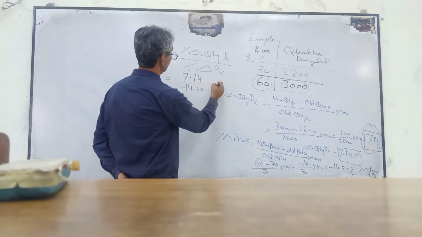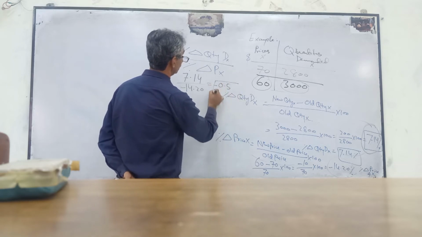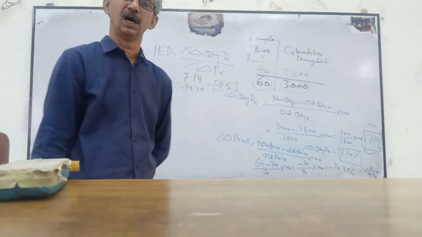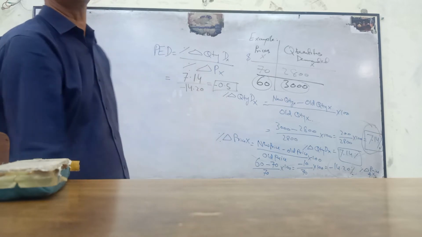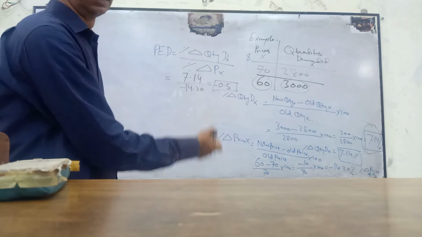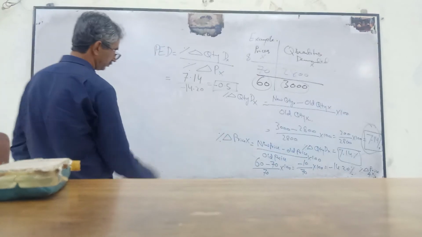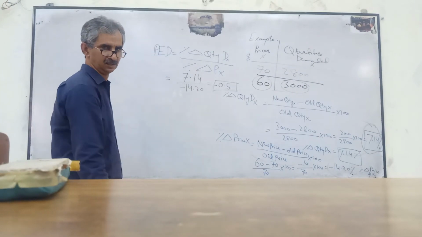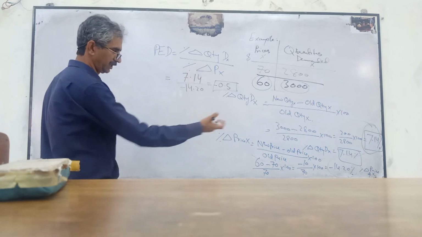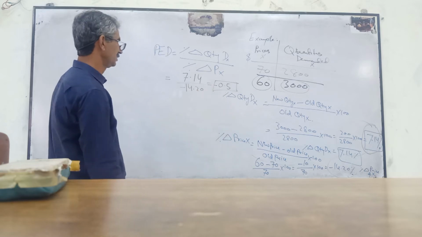So the answer is minus 0.5. Whenever we calculate the price elasticity of demand, our answer in this percentage formula is often negative, because sometimes the denominator is negative, sometimes the numerator is negative. Sometimes the new price is higher than the old price. When we increase the price, we have the other value, and sometimes the quantity is more.